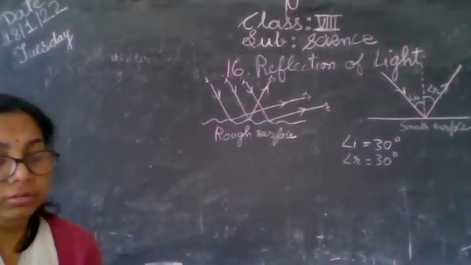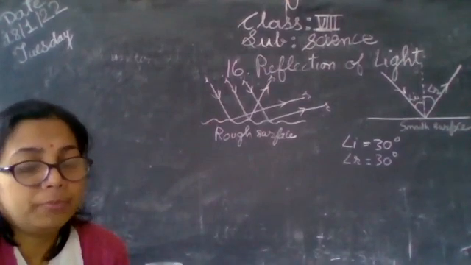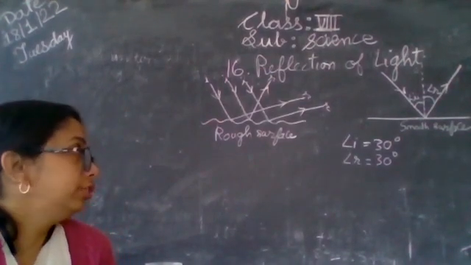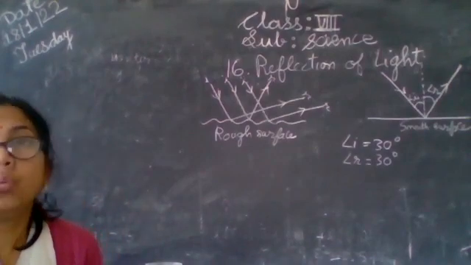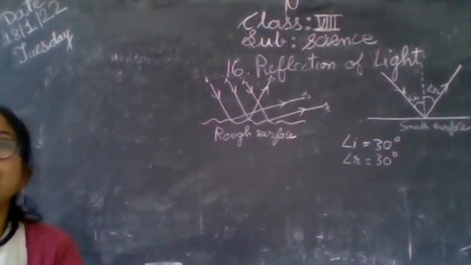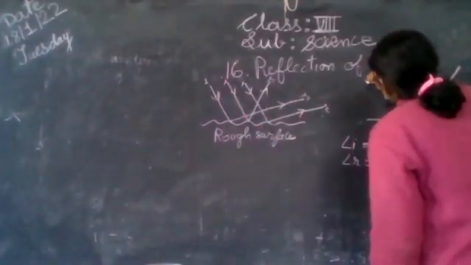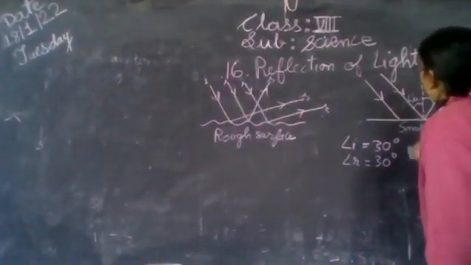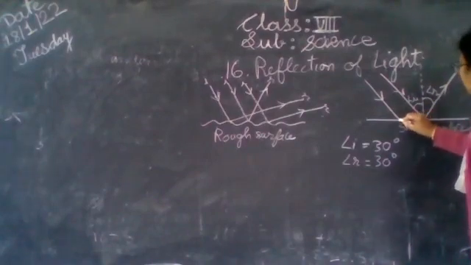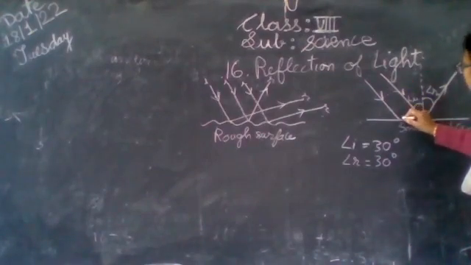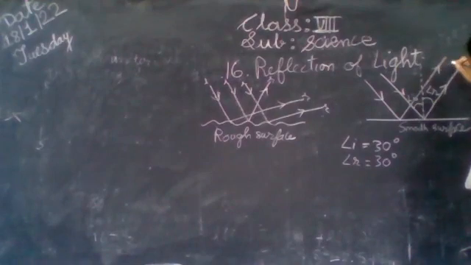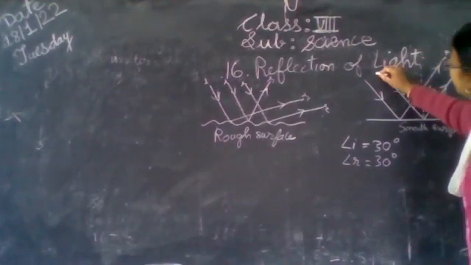So, rays that fall on the smooth surface will be parallel to each other on reflection. You see, these rays which are parallel to the incident ray will also be parallel with the reflected ray here.